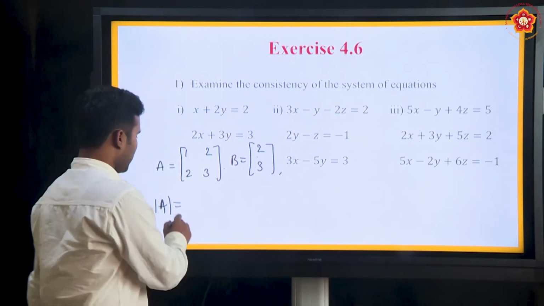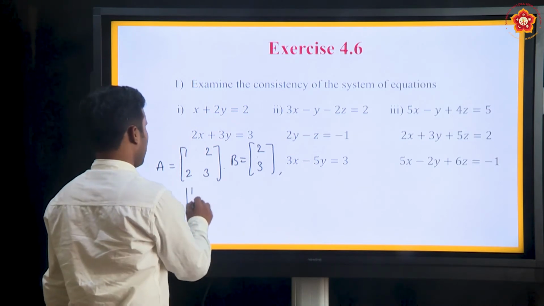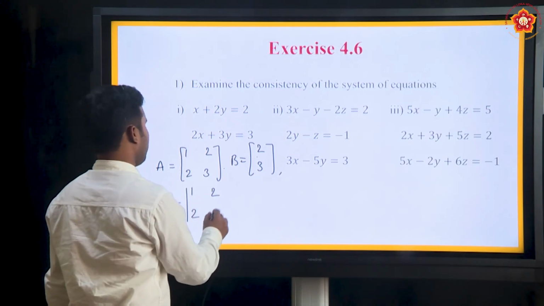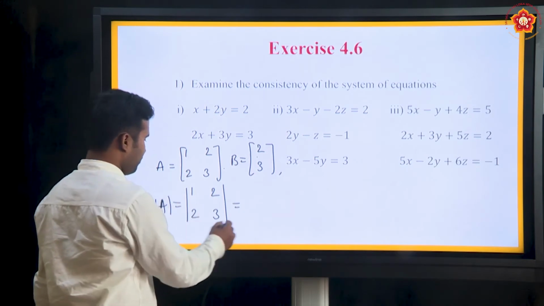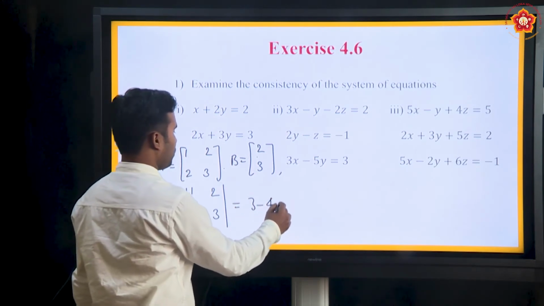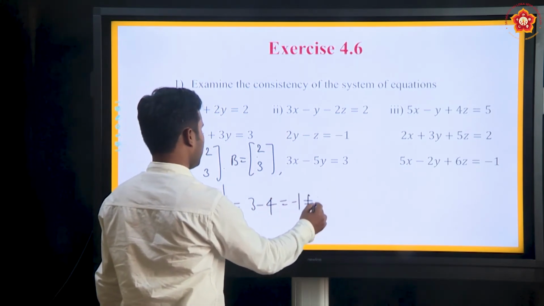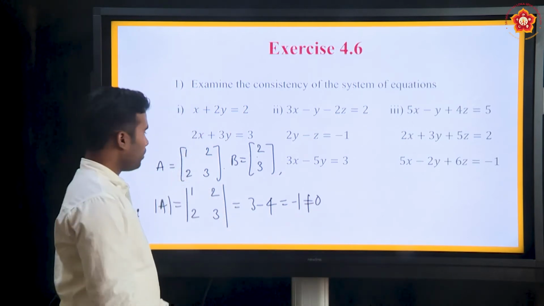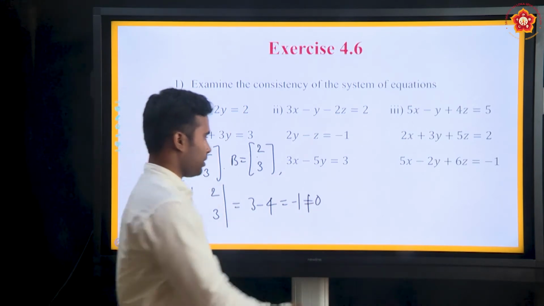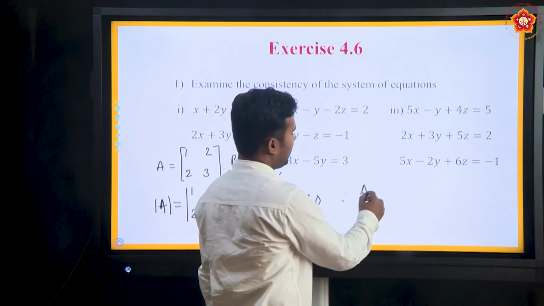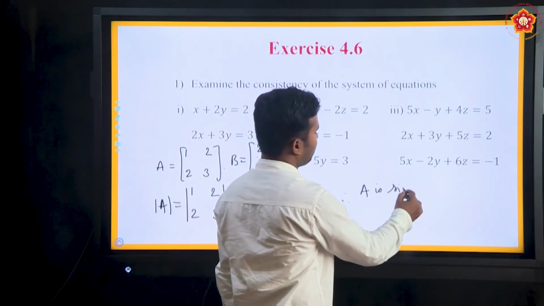So, what is the determinant of this? 1, 2, 2, 3. Find the value: 3 minus 4 is minus 1, which is not equal to 0. Therefore, the determinant is not equal to 0, therefore A is non-singular.